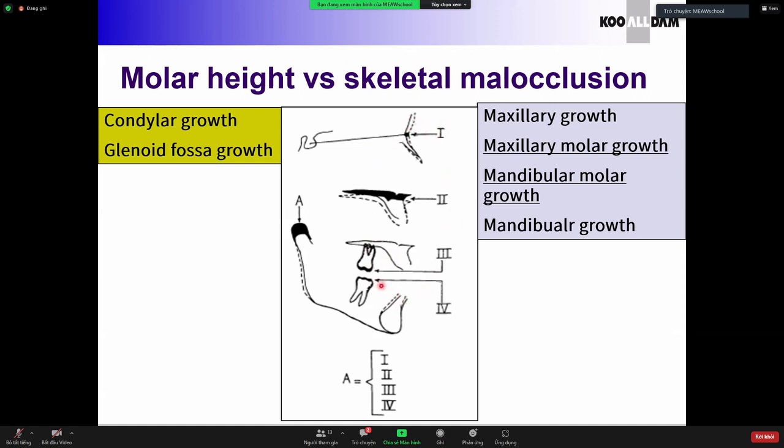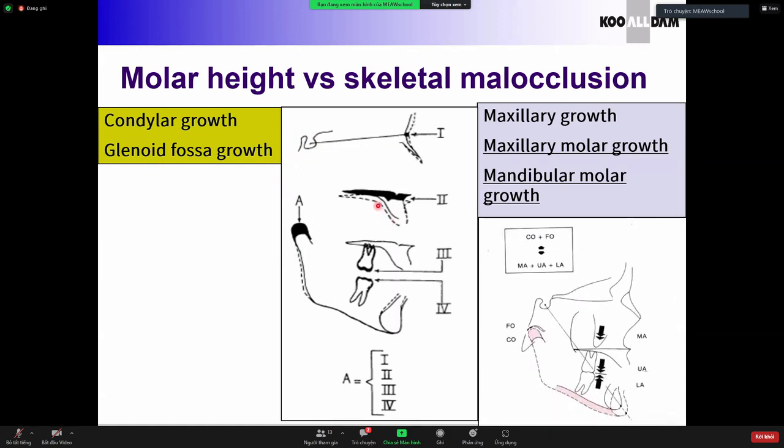The anterior part consists of maxillary growth, maxillary molar growth, mandibular molar growth, mandibular growth. On the other hand, this is the posterior part. The posterior part consists of condylar growth and glenoid fossa growth.